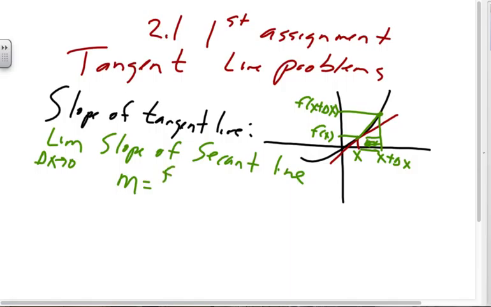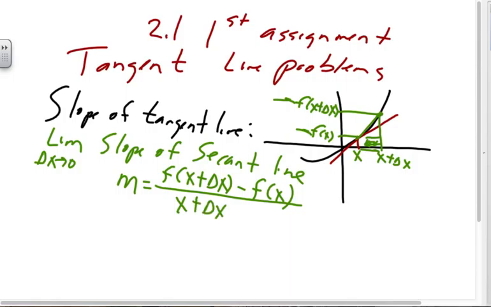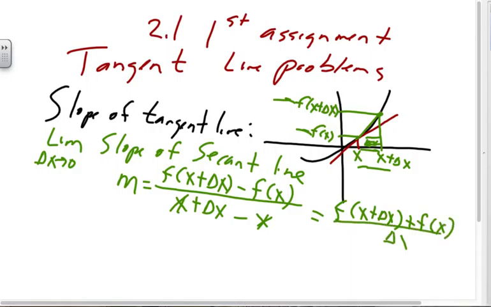It's going to be f of x plus delta x, this top one, minus this bottom one, f of x, there's your y2 minus y1, over x plus delta x, this one minus this one. Okay? Now you can tell these cancel out. So the slope of the secant line is basically going to be f of x plus delta x minus f of x over delta x.